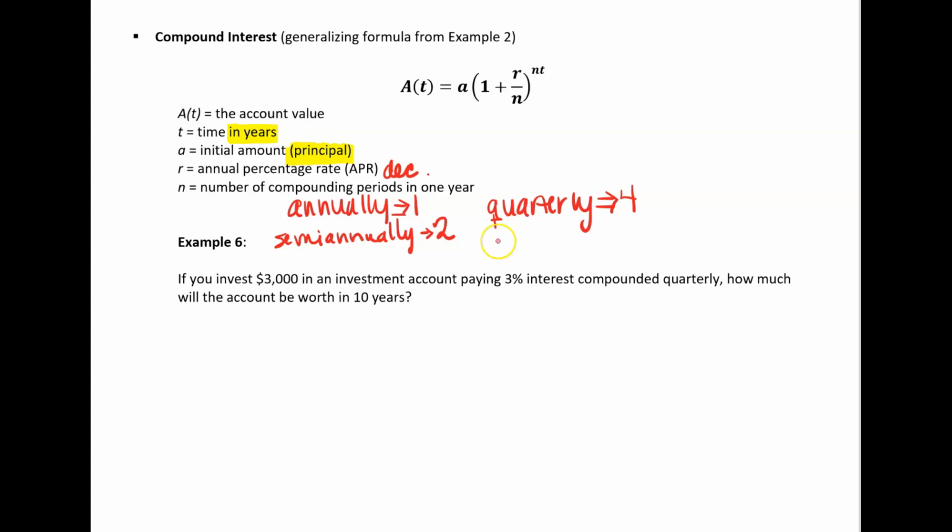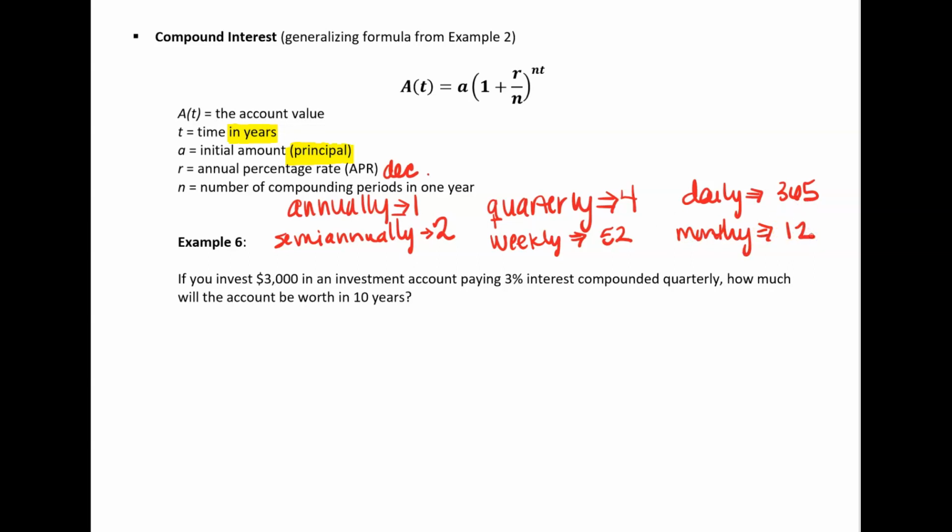If it says weekly, you want to think about how many weeks are in a year. That would be 52. If it says daily, that would be 365. And if it says monthly, that's going to be 12.